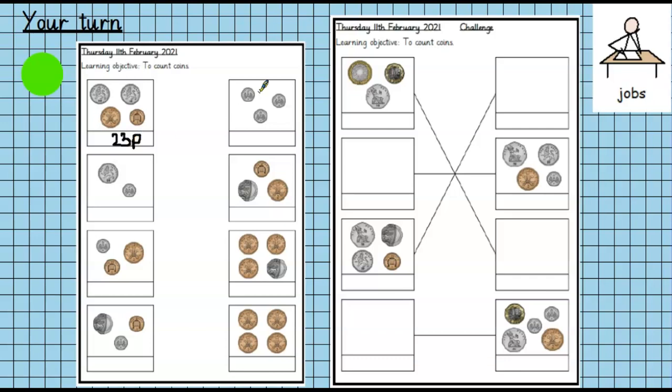Now I wonder if there's another one on this side that is the same as 23 pence. This one is a 5, a 5 and a 5. That's not it. This one's a 20, a 2, that's 22, and another 1, 23 pence. I've found it. So I'll need to draw a line between the two that have the same amounts.